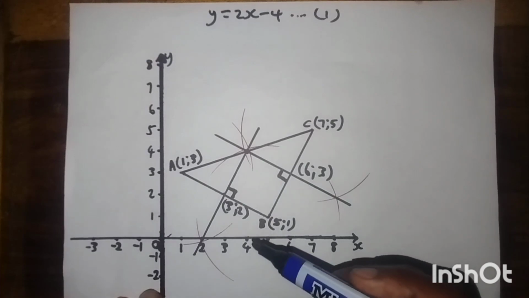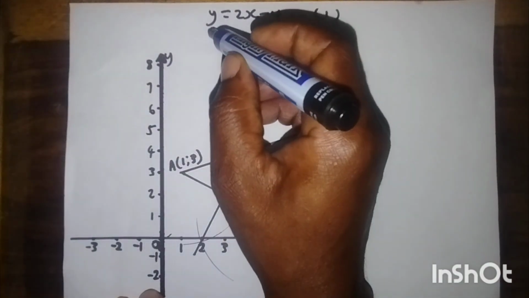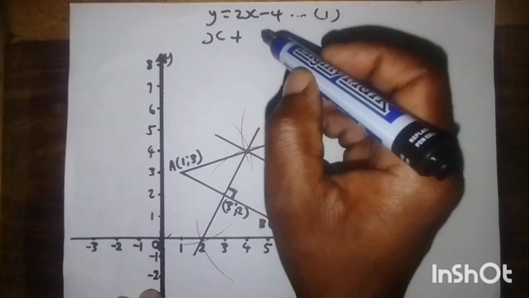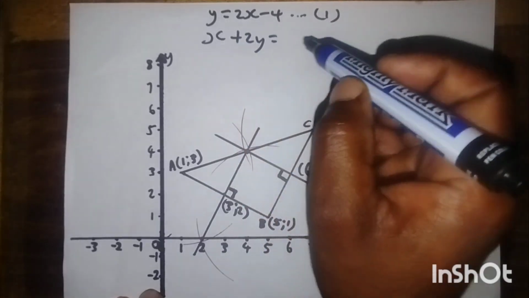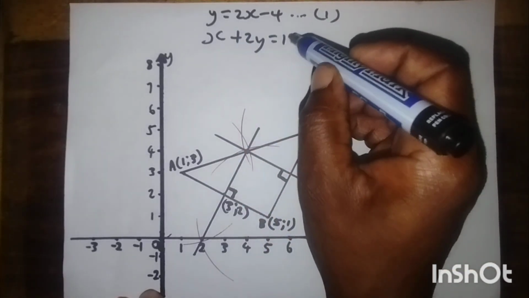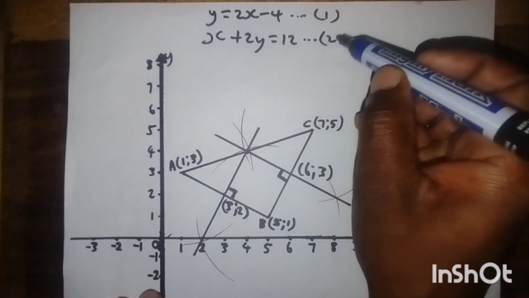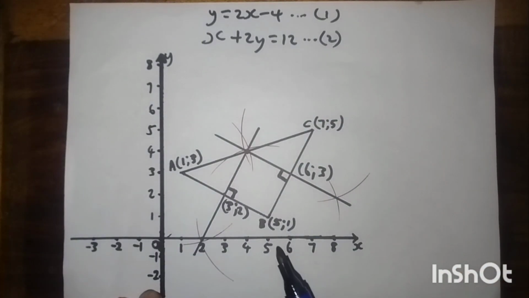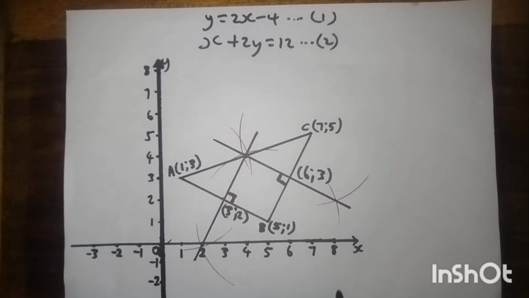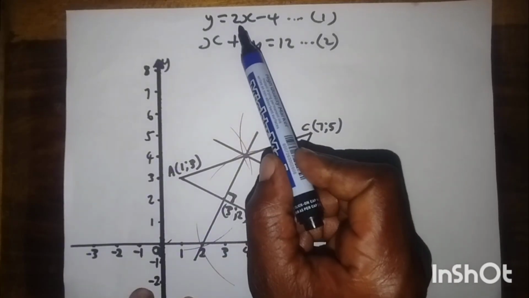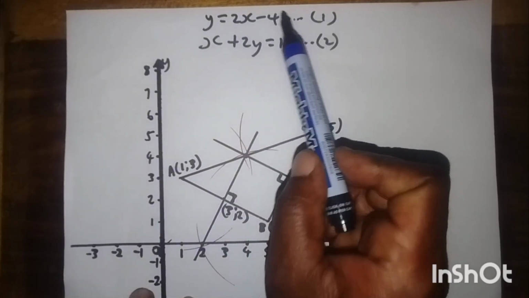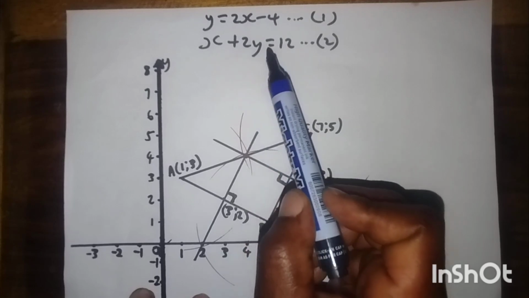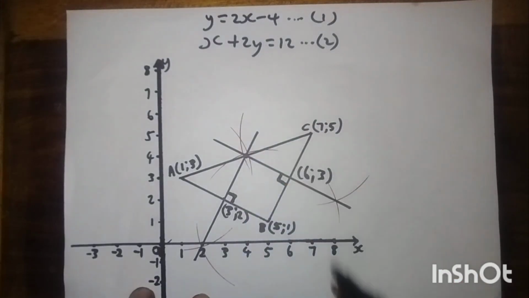My second equation is x plus 2y equals 12. I shall call it equation 2, the equation of the perpendicular bisector of BC. We want to solve them using the substitution method. I'm going to substitute 2x minus 4 for y in the second equation.